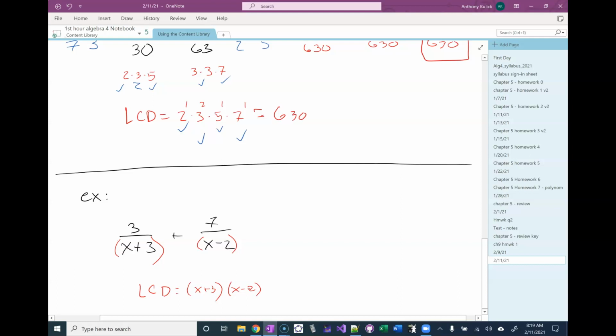Those are my prime factors. Is everybody okay with that? How many times does the x plus 3 happen? Just once. And the x minus 2, just once. So far, so good. So that's going to be my least common denominator.